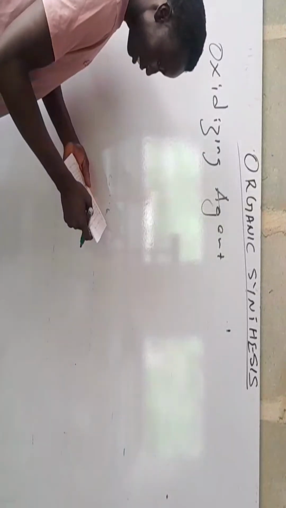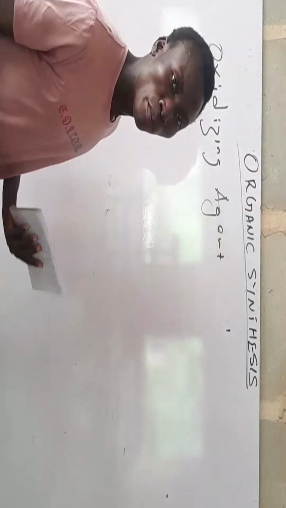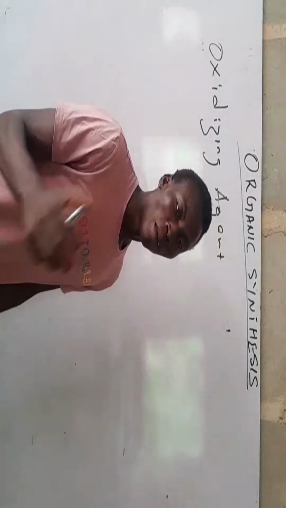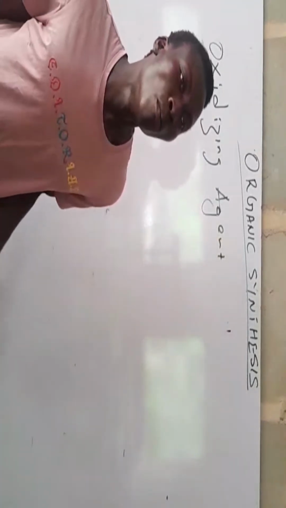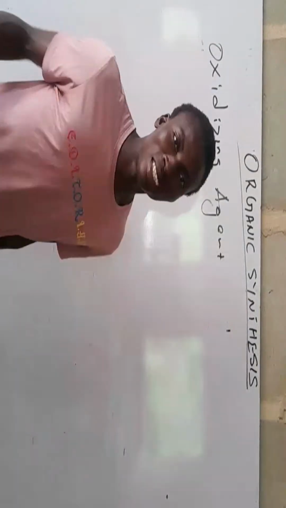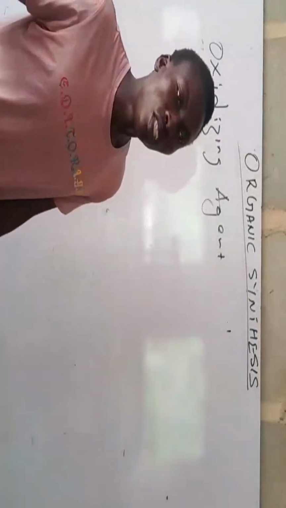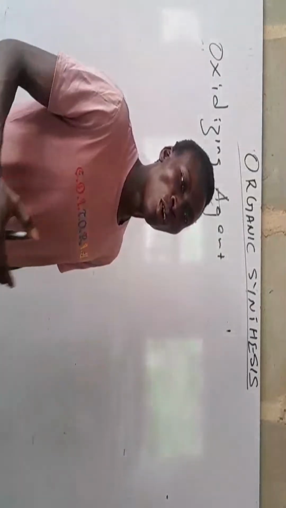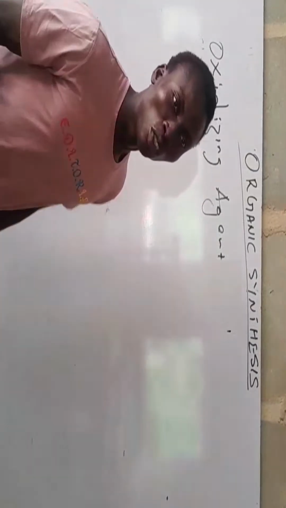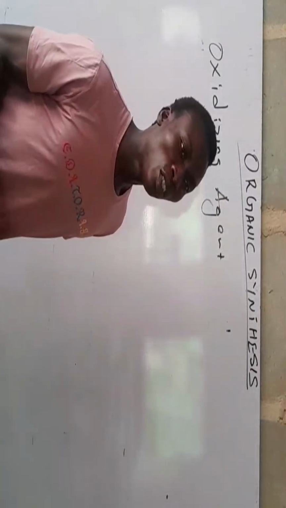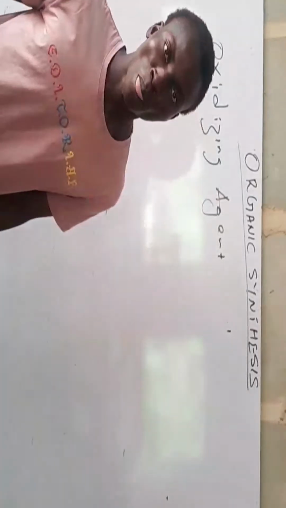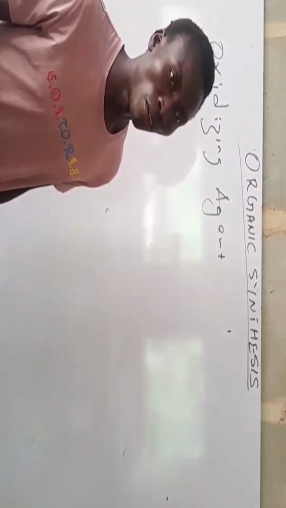These oxidizing agents are compounds. They might be organic compounds, they might be inorganic compounds, they might be both combined, which are sufficient or rich in oxygen. So because they are rich in oxygen, they are capable of performing this oxidative function. Exactly, that is the oxidation function. So these are what we call oxidizing agents.